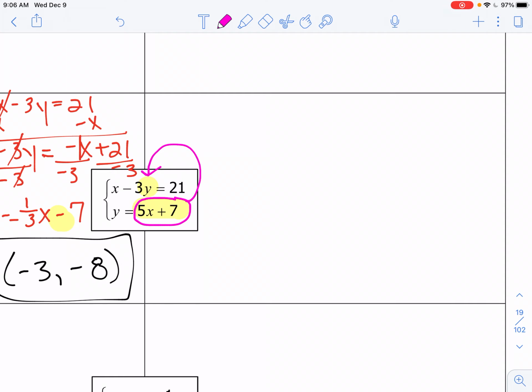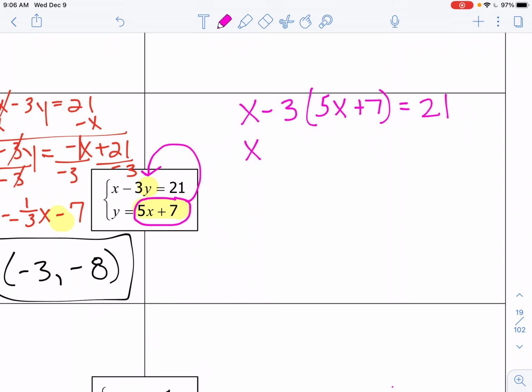Okay? So when I bring that up, I'm going to write it down as x minus 3 times the value of y. Well, the value of y is 5x plus 7. So since it's two terms, I need the distributive property. And then I finish the equation with equals 21. Now I'm ready to distribute, combine like terms, and solve.